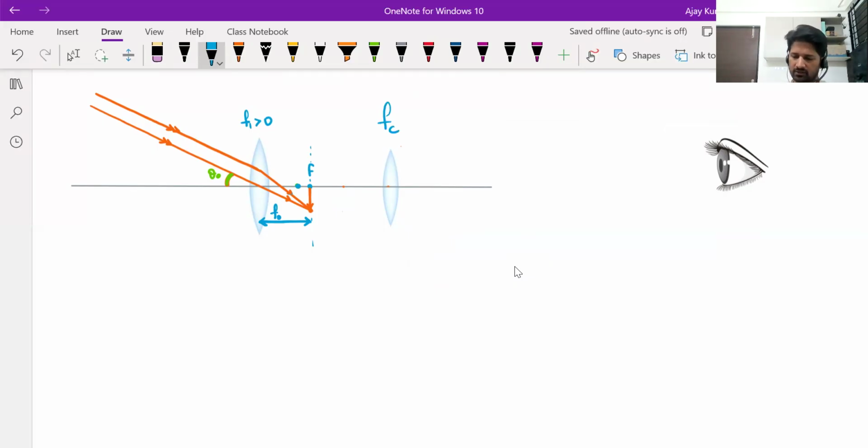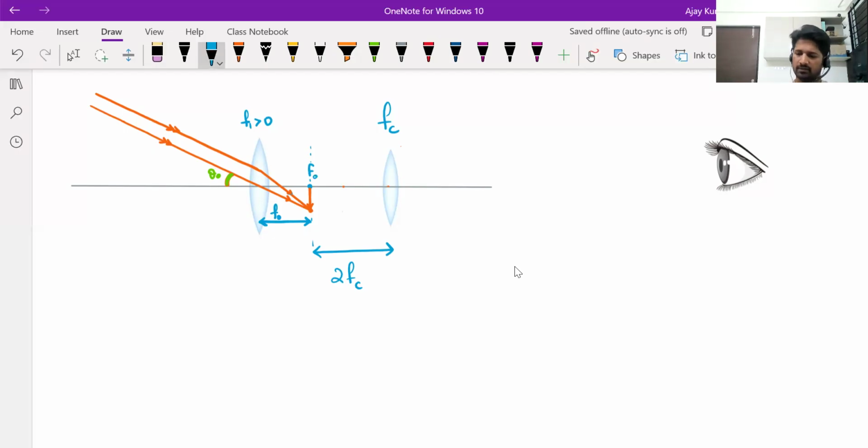Okay, we ensure that the correcting lens is at a distance of 2 times its focal length from the first image. First image forms at the focus of the first lens, no? F0. That is shown to you in the diagram also. First image forms at F0. Keep the correcting lens at a distance 2 times of FC from F0.